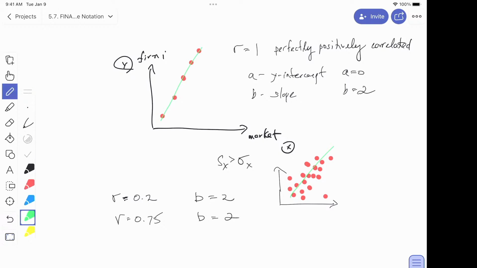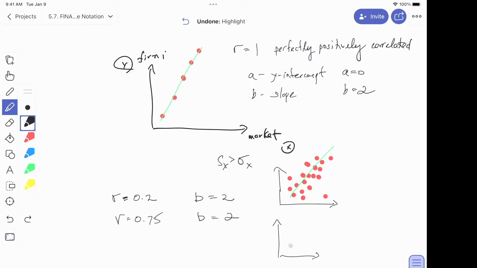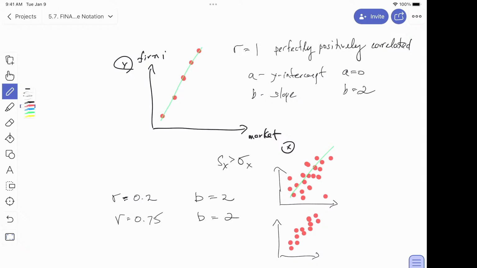So just to draw my last drawing here, in reality, things don't sit straight on the line.